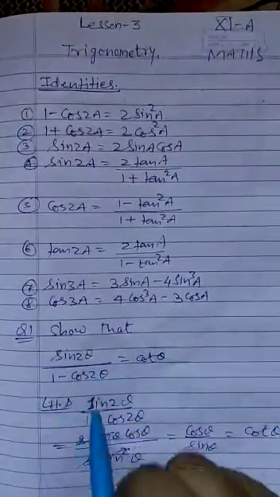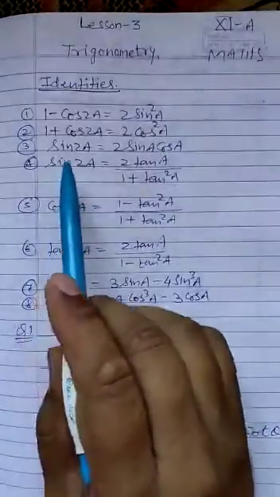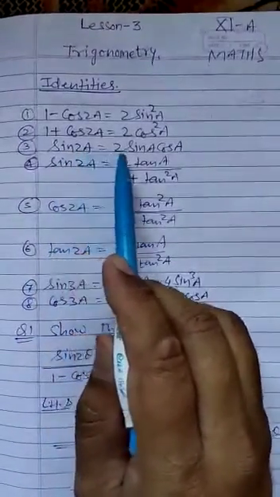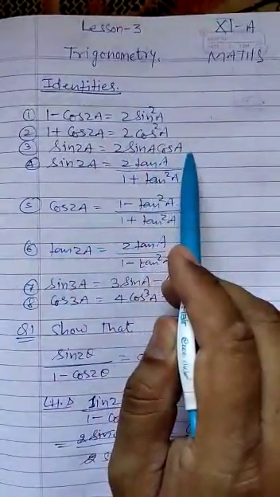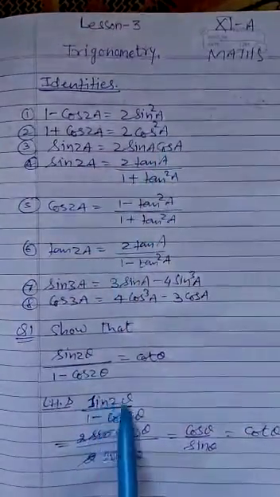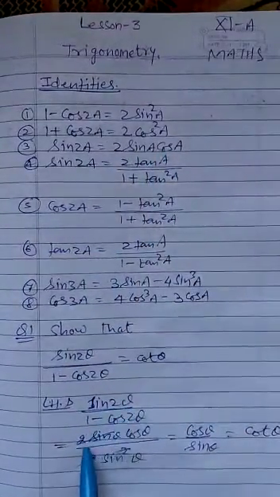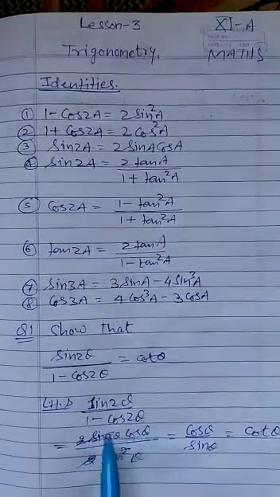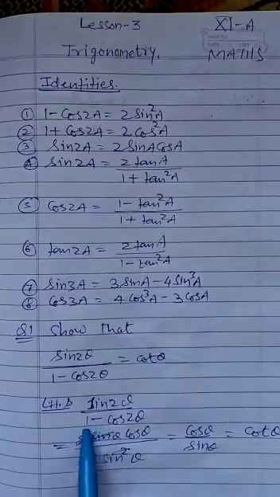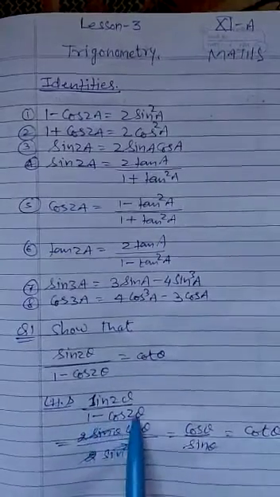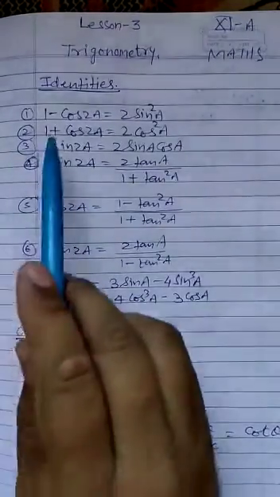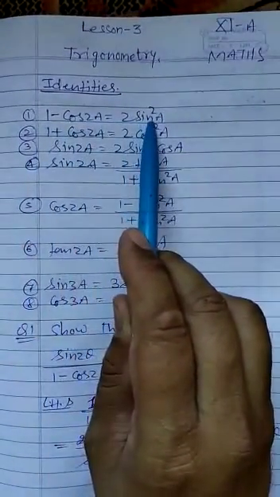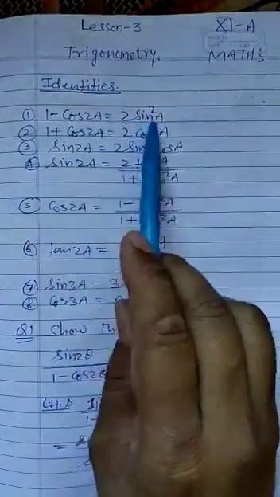So let us see which identity is applicable here. First of all we apply this identity, sin 2a is equal to 2 sin a cos a. So sin 2 theta can be written as 2 sin theta cos theta. Now what should we do with the denominator 1 minus cos 2 theta? The first identity, 1 minus cos 2a is equal to 2 sin square a, is applicable here.